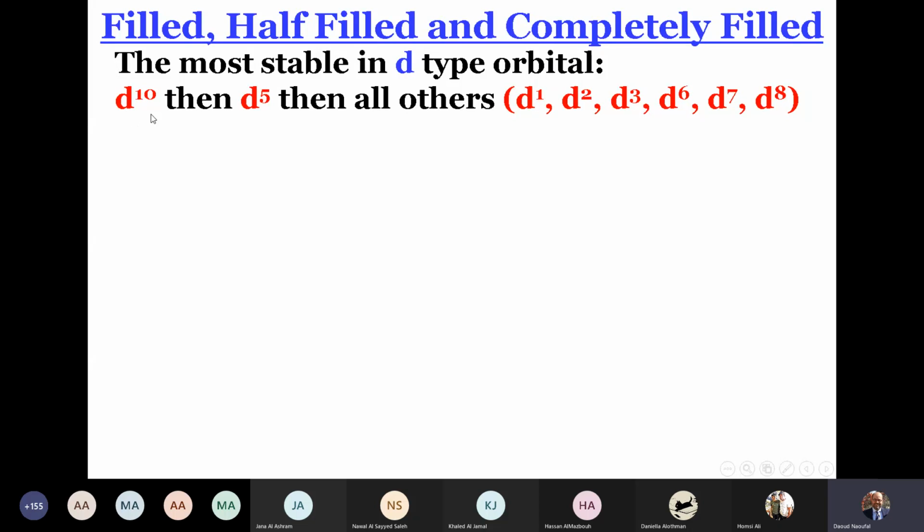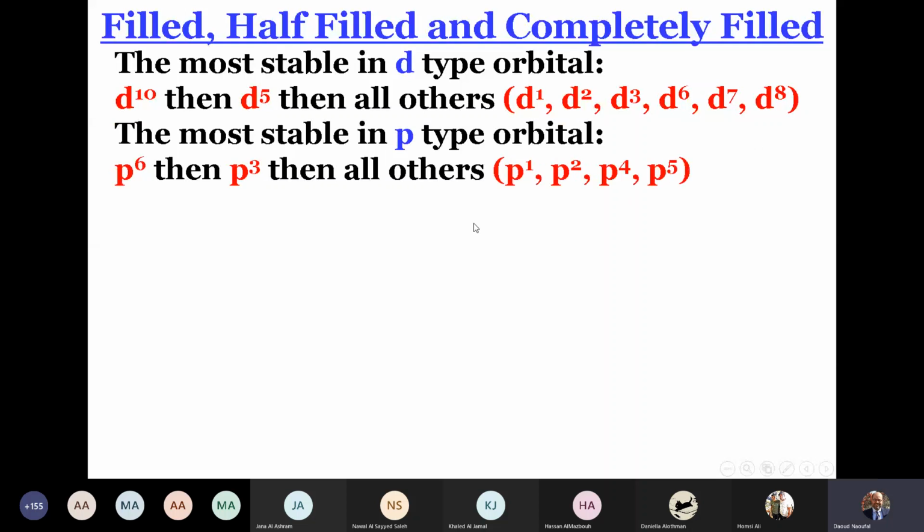This is completely filled, this is half filled, and all others are called filled: d1, d2, d3, d6, d7, d8. Why did I not put d4 or d9? Because we don't have d4: d4 becomes d5 and d9 becomes d10. The most stable in the p orbital is first p6, then p3, then all others: p1, p2, p4, p5.